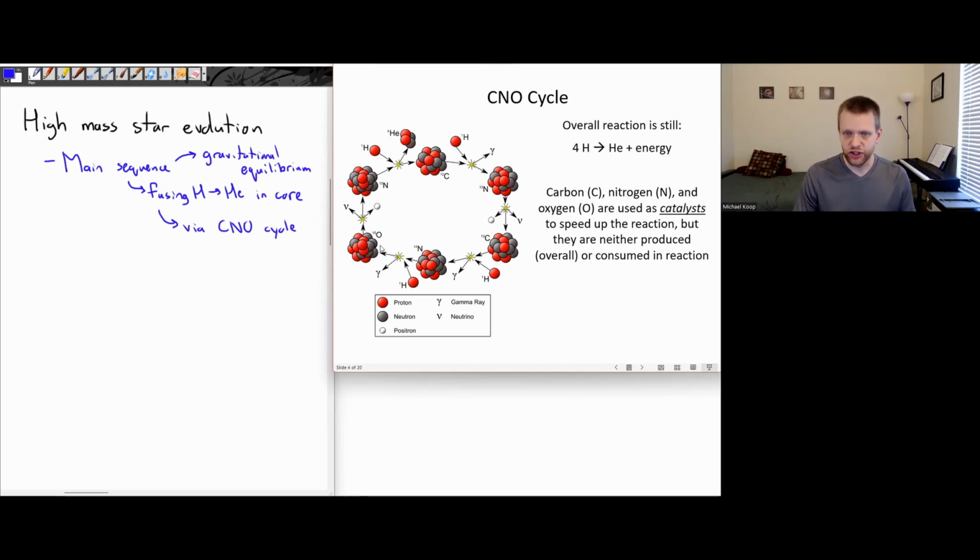They don't get used up in this reaction, and they don't get produced by this reaction. They're just catalysts that allow the reaction to occur significantly more efficiently than the proton-proton chain. So again, the main sequence high-mass stars are still powered by hydrogen fusion, but it's using this CNO cycle rather than the proton-proton chain.